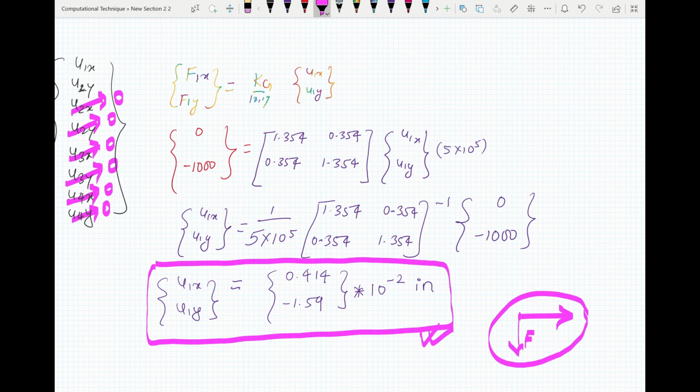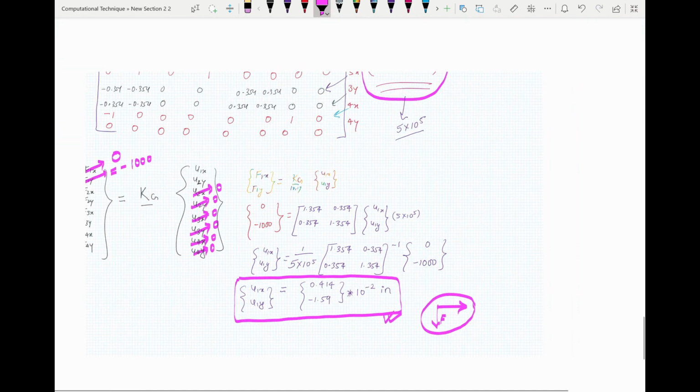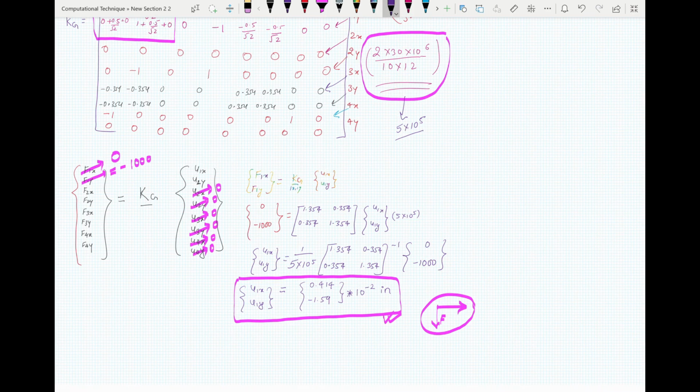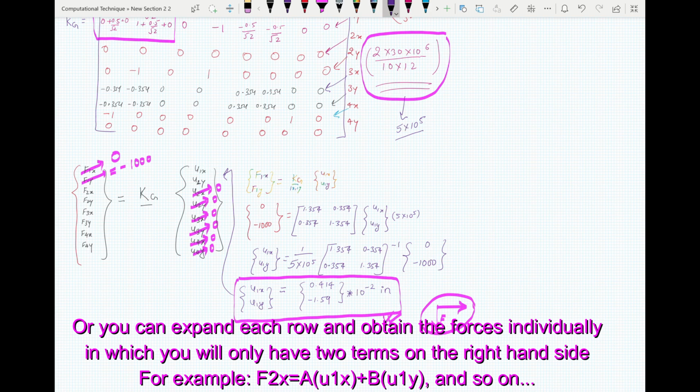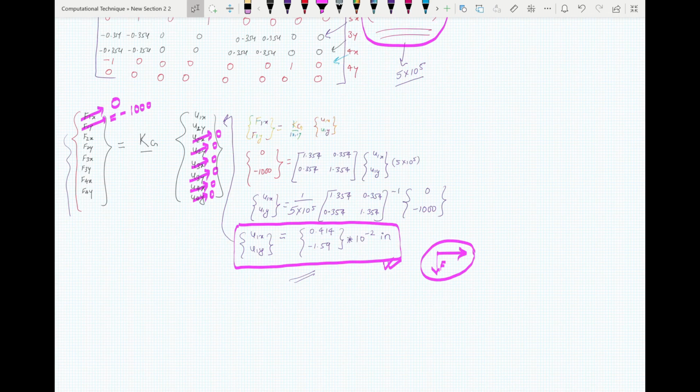Now if you want to find your reaction forces, then you have to substitute these values back into this equation and solve for your forces. If you want to look into another example, you can go into another playlist which is on the Abaqus modeling, and there you can go to chapter 1, Truss modeling.